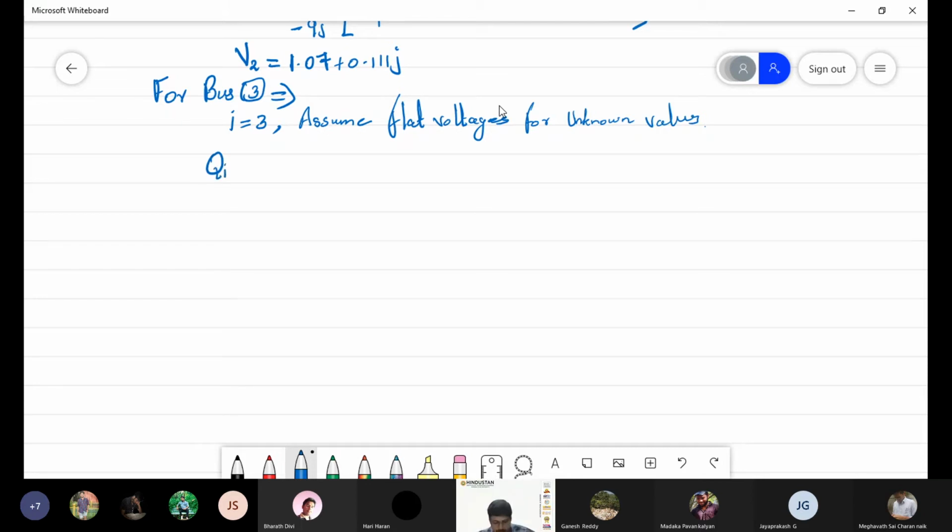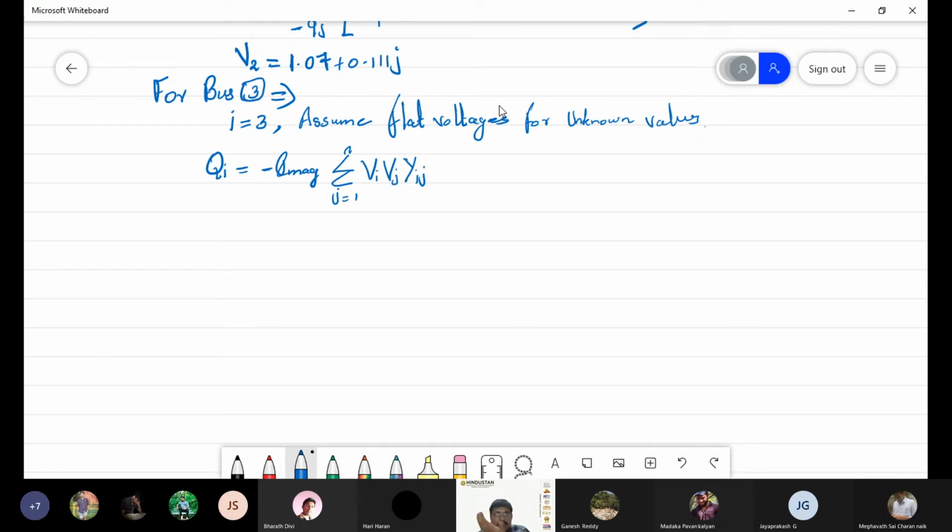That is Qi is equal to minus IMAG, which stands for minus imaginary of sigma j is equal to 1 to n Vi Vj Yij.